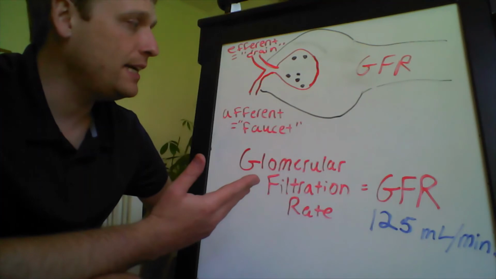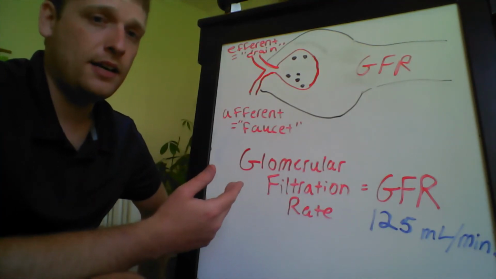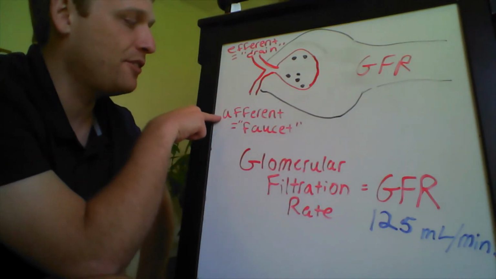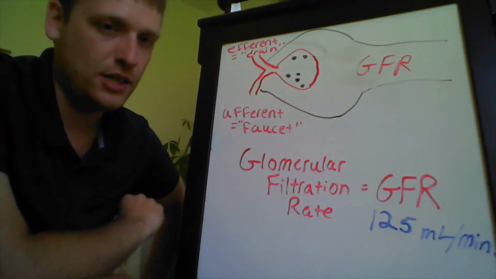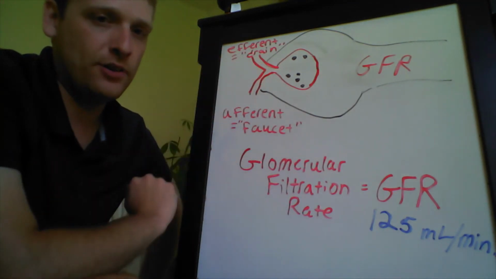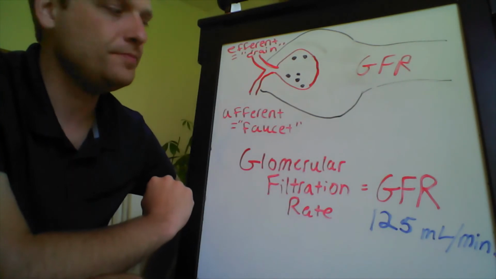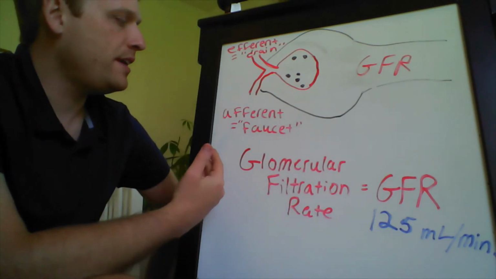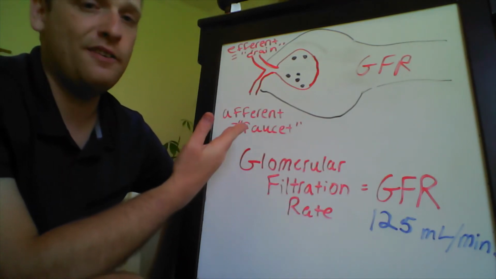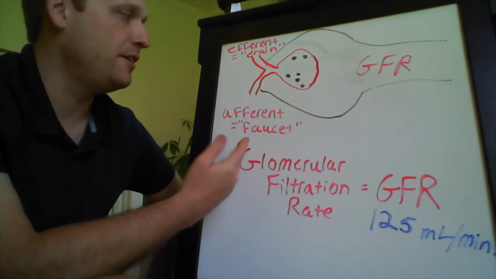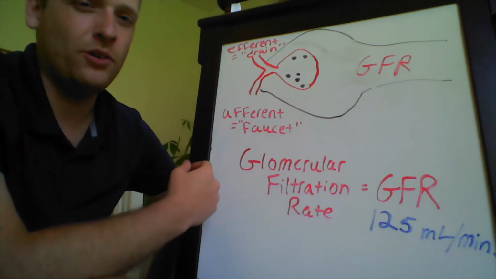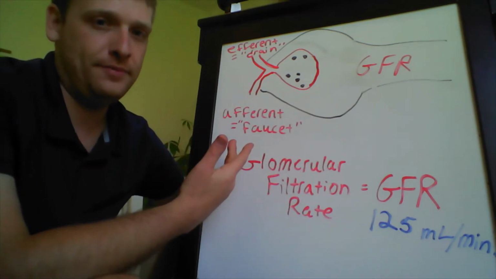it mainly gets to controlling constriction and dilation of these blood vessels, the afferent and the efferent arterioles that feed blood into or take blood out of the glomerulus. So you can think of the afferent arteriole as being the faucet of this glomerulus, whereas the efferent arteriole is akin to a drain.